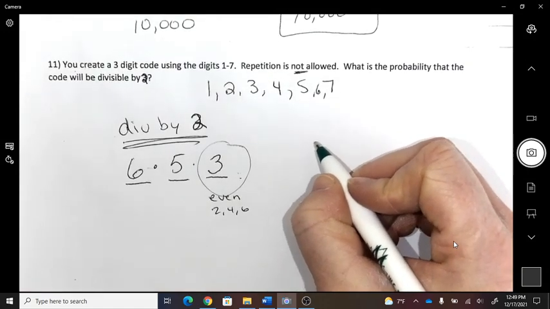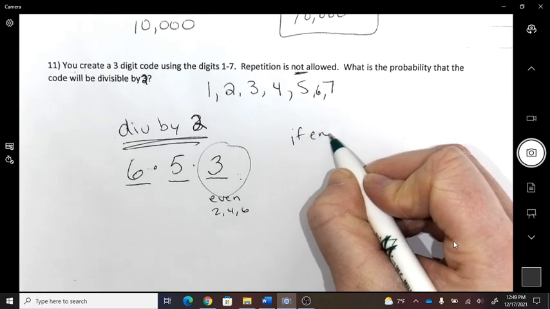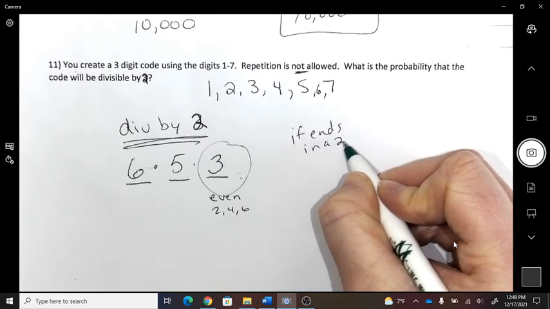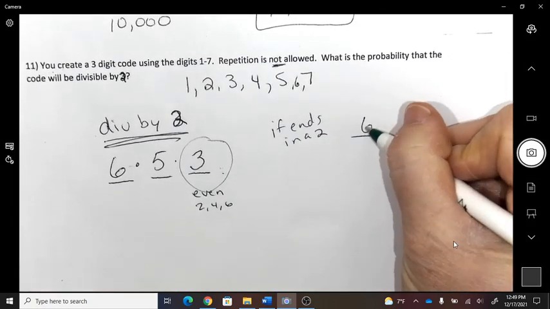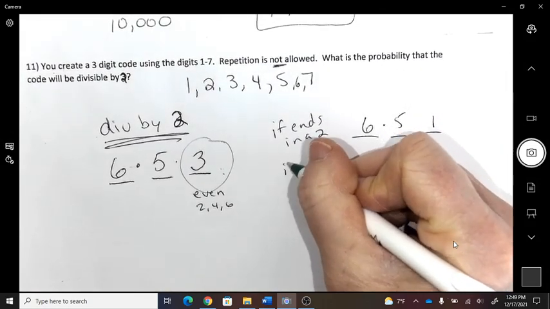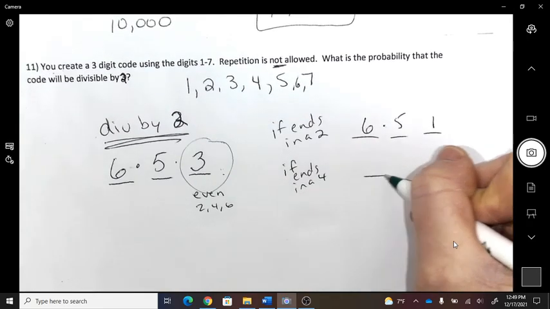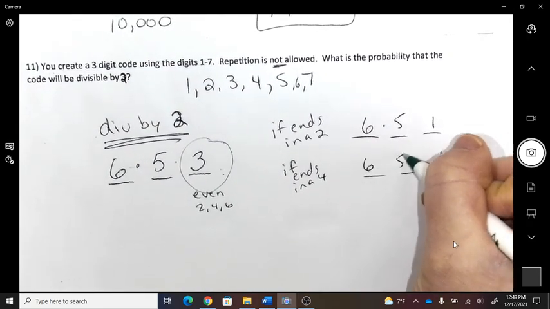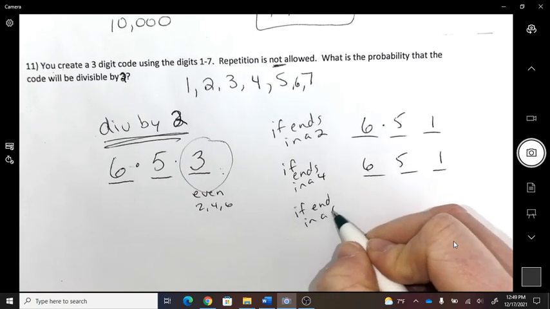So you could have done scenarios. If it ends in a 2, then you could have done 6 and 5. Scenario, if it ends in a 4, right? Or if it ends in a 6.